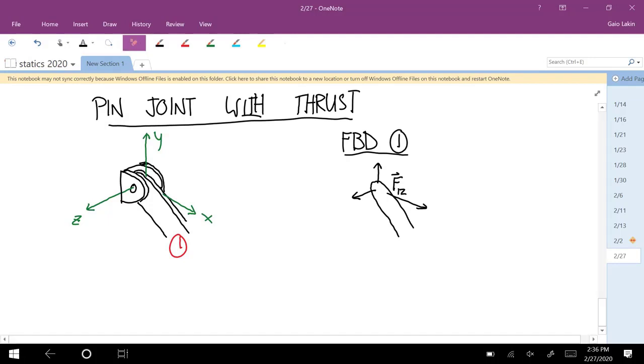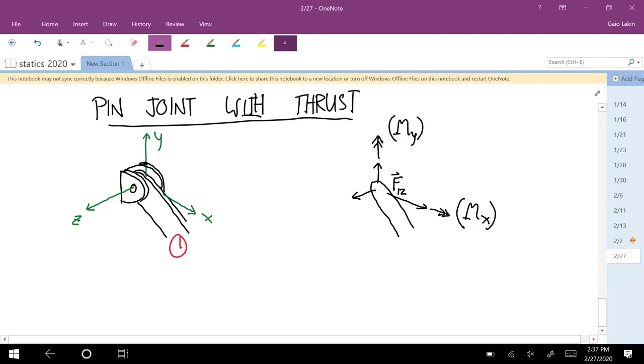And again, with these, I'm going to put them in parentheses. I'll draw it here. So we have a couple in that direction, a couple in that direction, because those are the rotations that aren't allowed. But I'm going to put them in parentheses because those are the ones that aren't always there. So here's Mx.